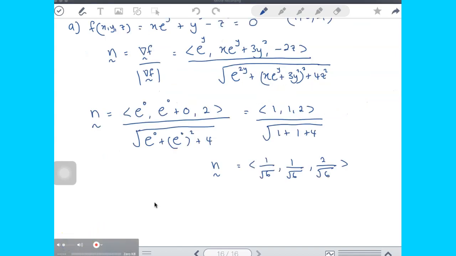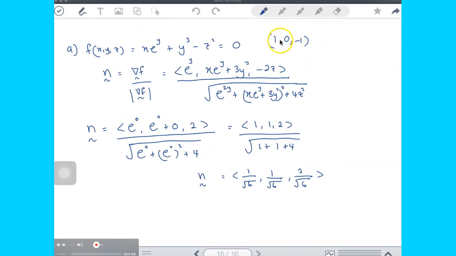So without obtaining the vector function, you just use the information about the scalar function given, make it equal to 0 first, then obtain the gradient f and its magnitude and substitute the values for the point given, and now you obtain the unit normal vector as this. You can directly obtain the unit vector.